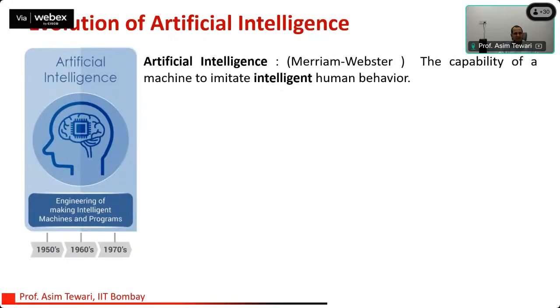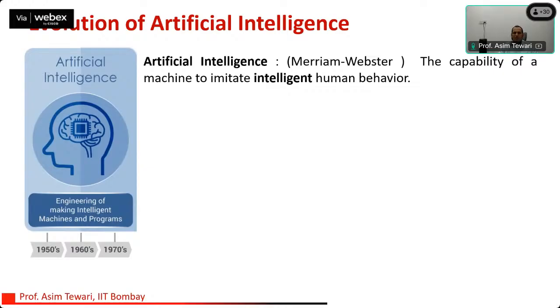So artificial intelligence started more than 70 years back, in the 1950s, when it was initially conceived and the term artificial intelligence was coined. And this was put in the dictionary as the capability of a machine to imitate intelligent human behavior. And of course, in a sense this is still the definition of artificial intelligence.